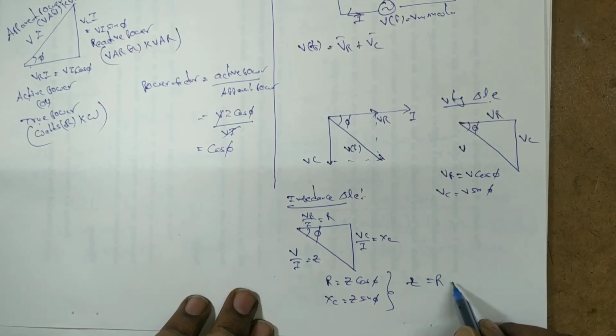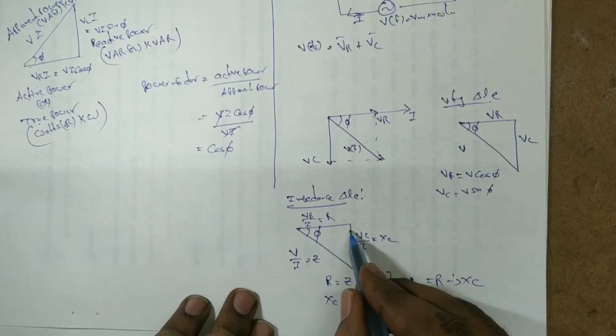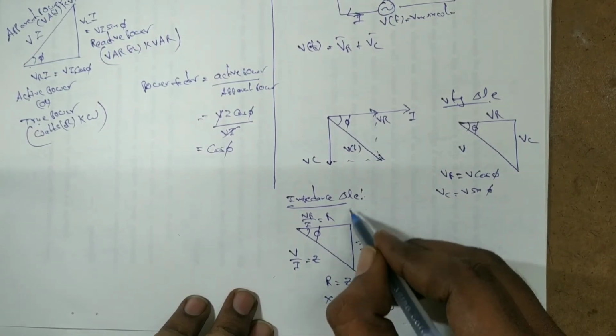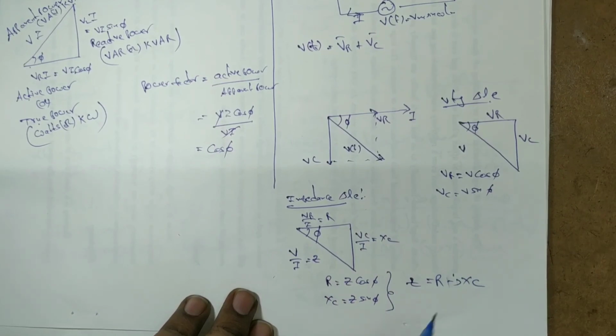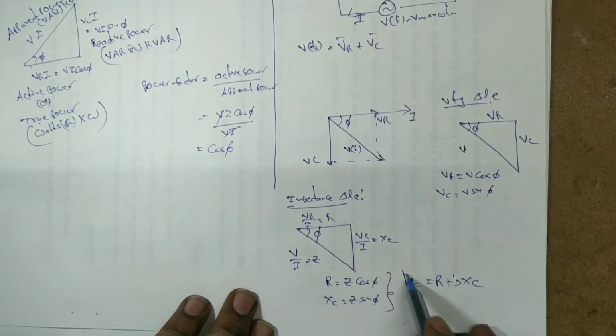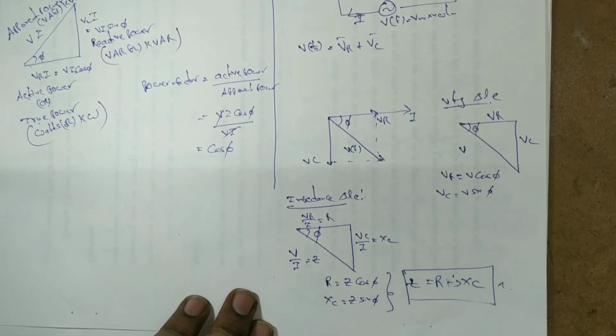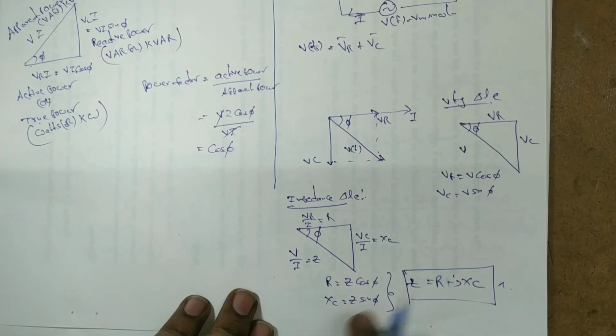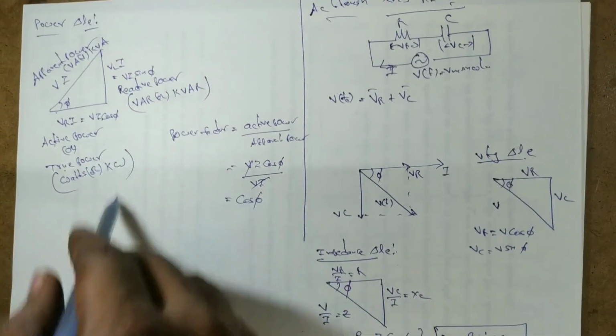Here minus means the XC value, which is imaginary, is reversed. In the previous case it was in the upward direction, and in this XC case it is downward, that is, the axis is reversed. So plus j is converted into minus j. So when we are dealing with an RC circuit, the impedance Z equals R minus jXC. The units will be ohms only.